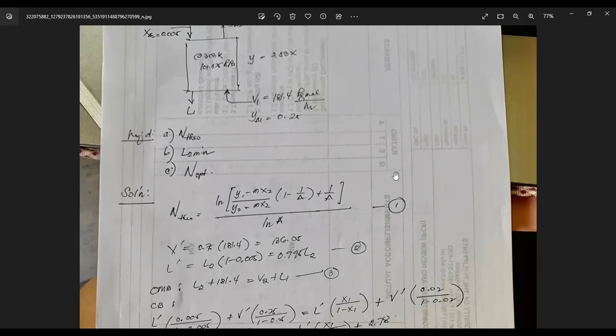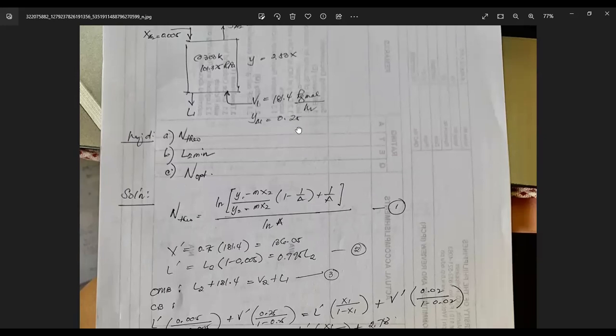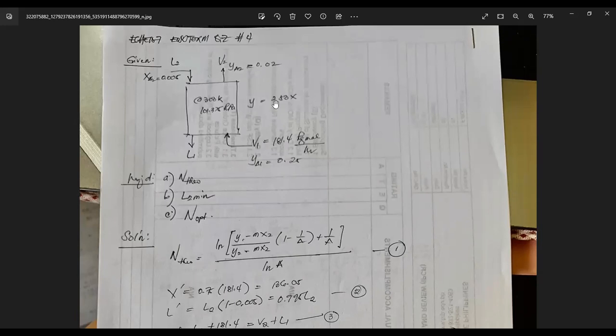The only difference is in solving for the absorption factors, but it uses the same formula. So if this is the formula for the theoretical number of stages, I should know the L2 and the V1. In this case, L2 is not given.